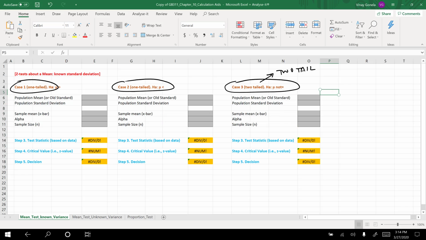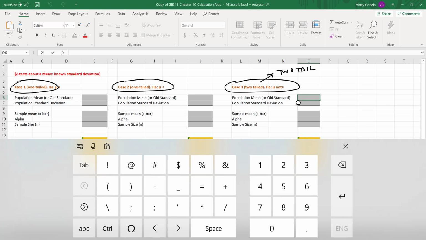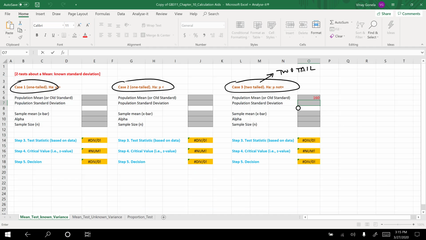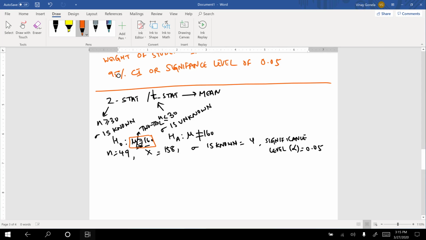Population standard deviation is 4, so I will enter that.